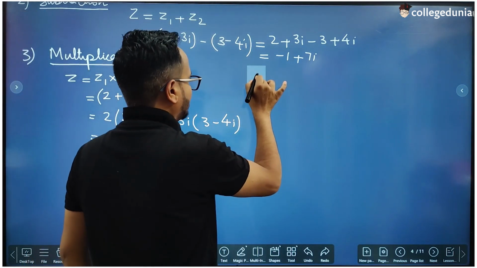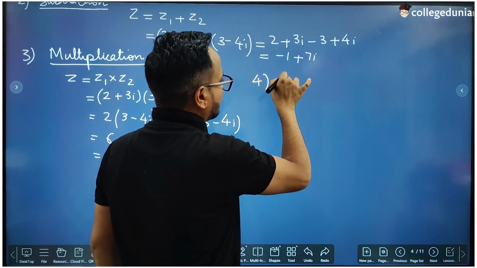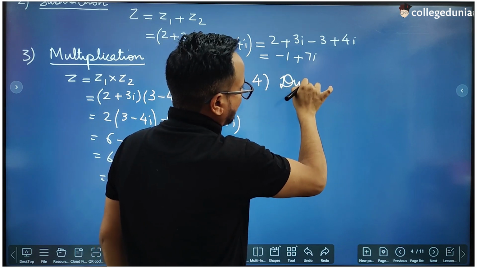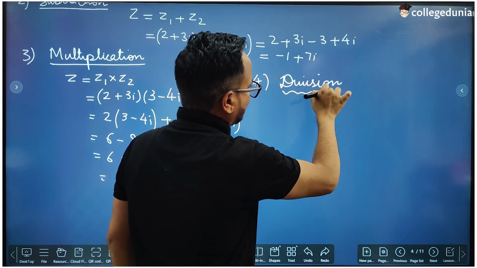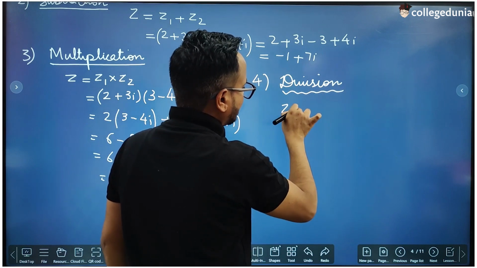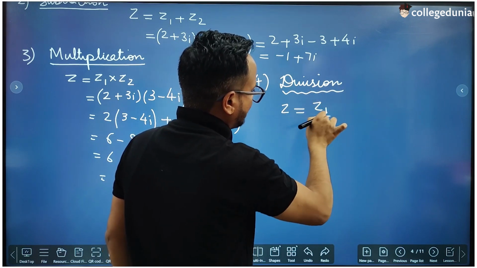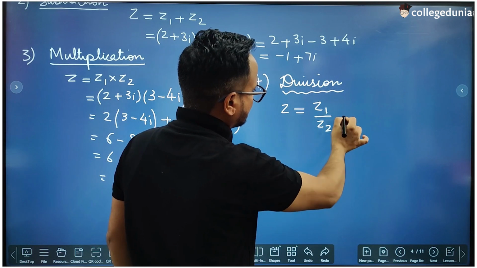Now let us see the division of complex numbers. Division is z1 by z2.